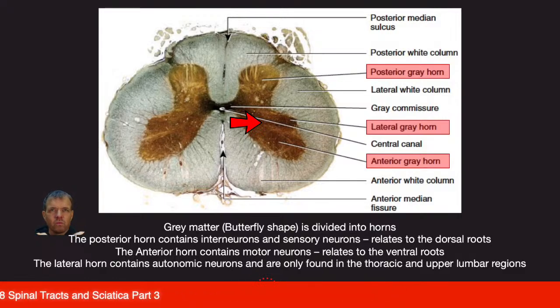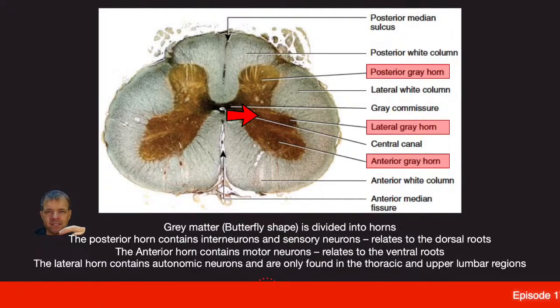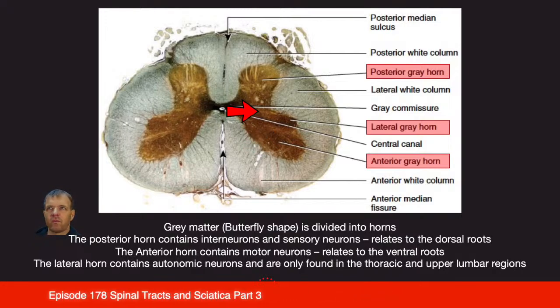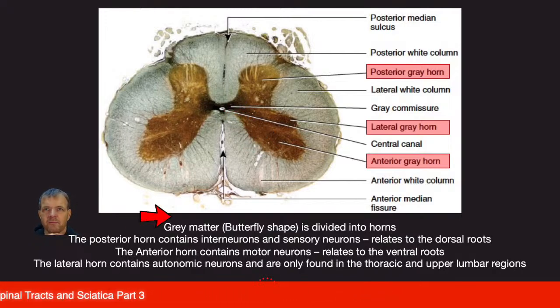And the reason why this area is grey is because of the density of neurons. So there's lots of interneuron activity in this butterfly area. Okay, so that's why we've got that change in colour.